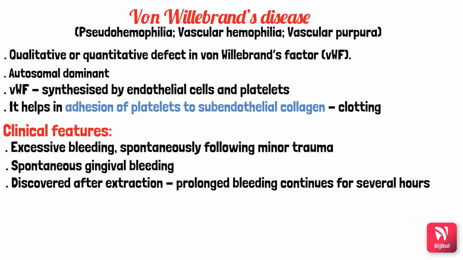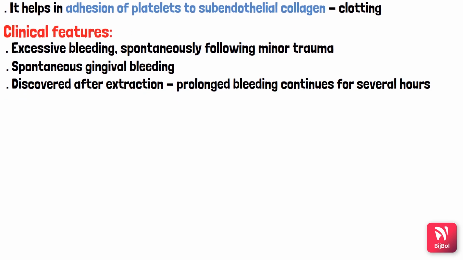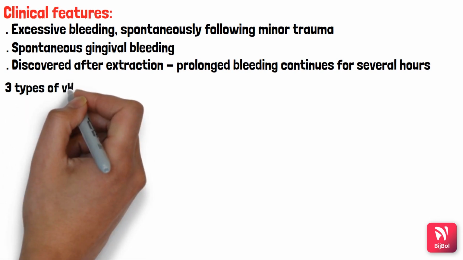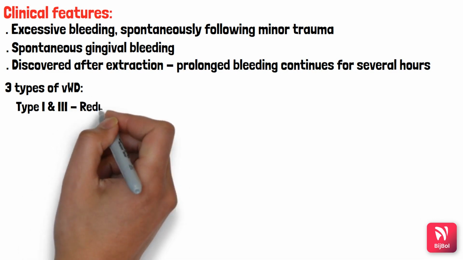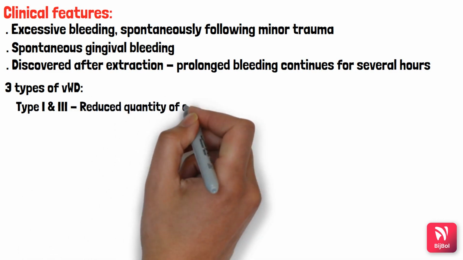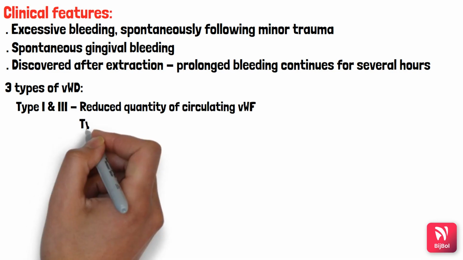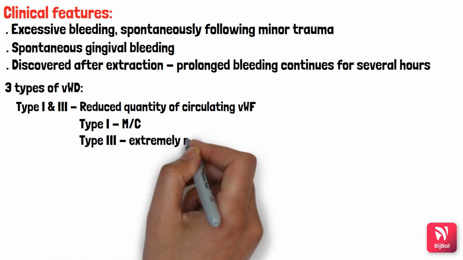Okay, von Willebrand's disease is of 3 types depending upon the quantitative and qualitative defect of von Willebrand's factor: type 1, type 2 and type 3. Type 1 and type 3 are quantitative defects, that is, there is a reduced quantity of circulating von Willebrand factor, wherein type 1 is the commonest one, whereas type 3 is rare but it is a severe form.